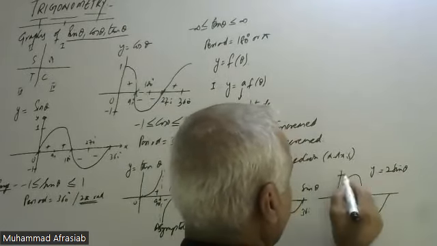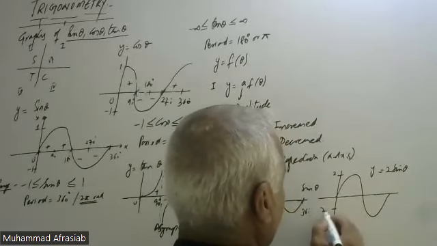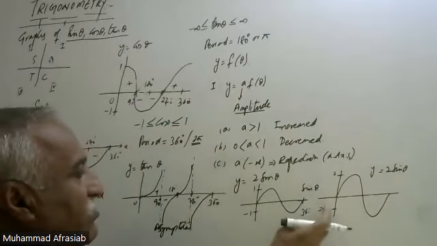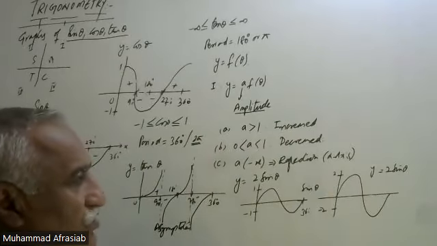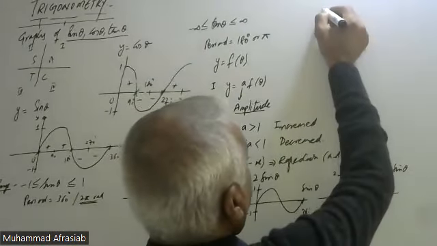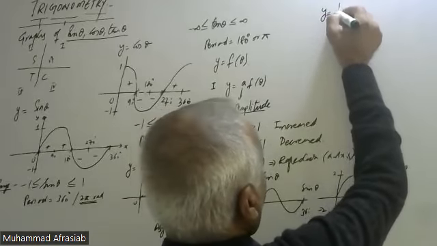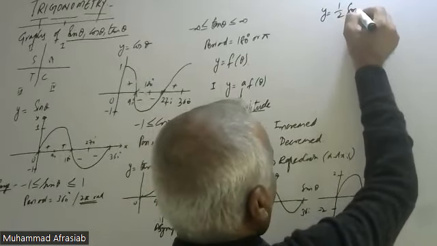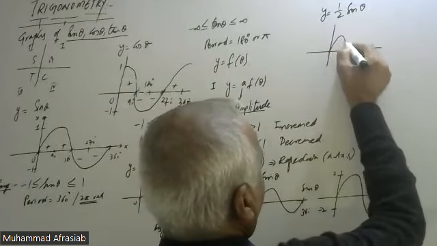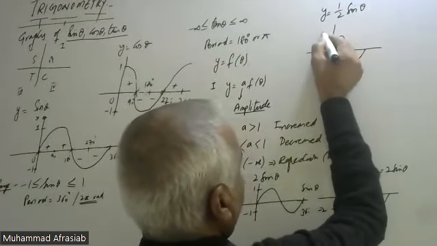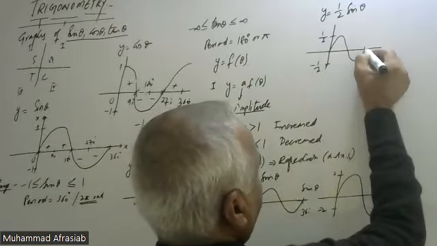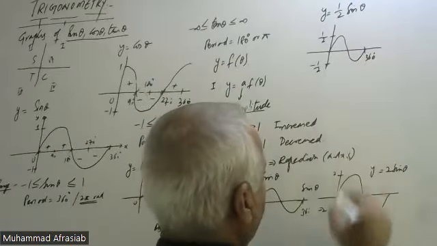That is, this value 1 will become 2 and minus 1 will become minus 2 for 2 sine of theta. If we have to draw the graph of half sin theta, then this graph will be the same shape, but its amplitude will become half and minus half till 360 degrees.